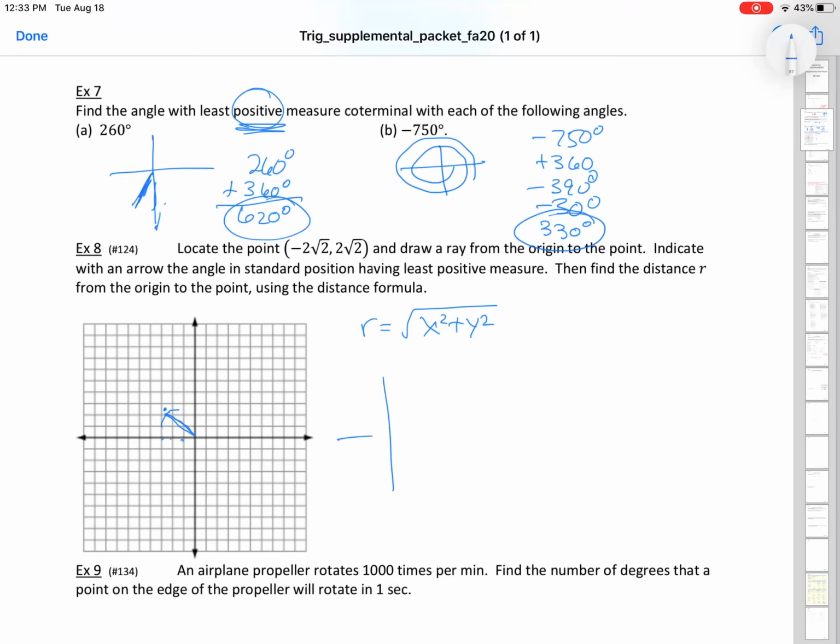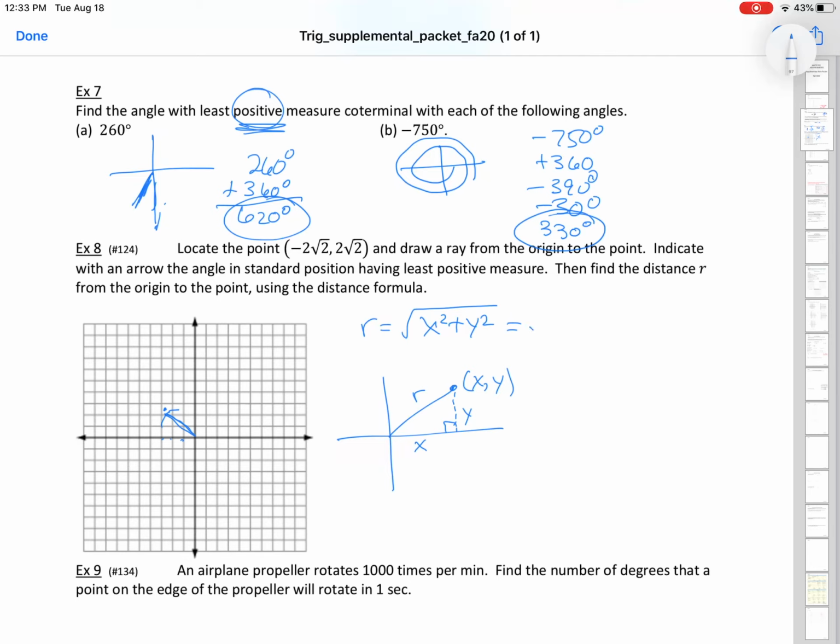Let me draw this bigger, and let me just pick any xy. So let's suppose this is the point xy. Notice then that if I drop the perpendicular down to the x-axis, that we would have this distance be x and this distance be y. If we want r, it's just the Pythagorean theorem because this is a right angle. That's where the distance formula comes from.